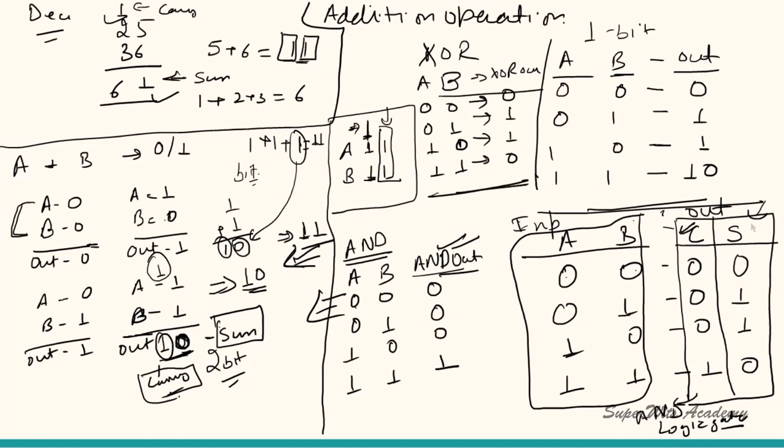So that means S can be represented with the XOR logic gate, right? So this is what we have. If I wanted to represent this particular truth table as a circuit of 1 bit value from 2 inputs, then it can be designed with XOR, which represents S, and AND, which represents carry.